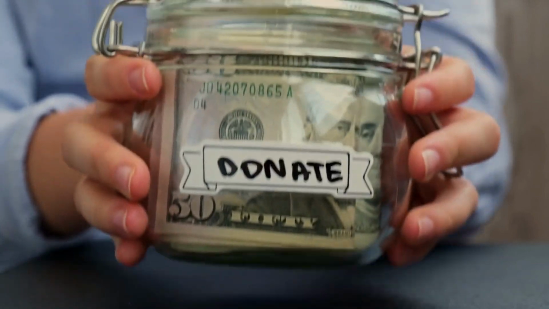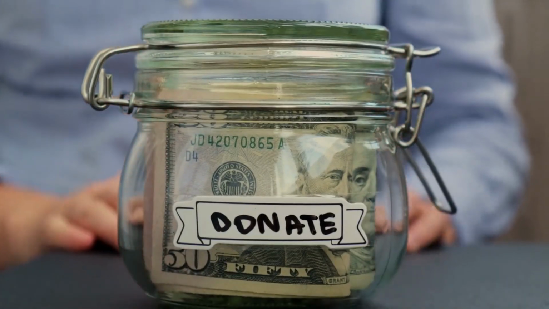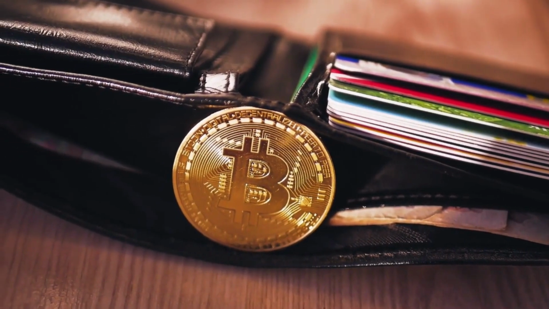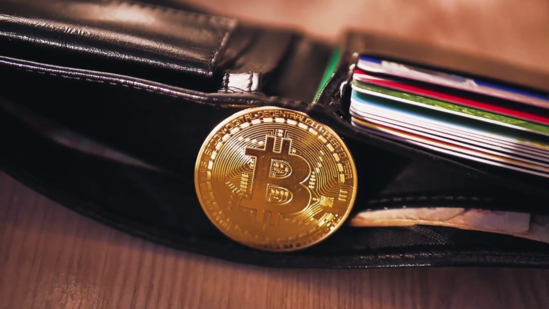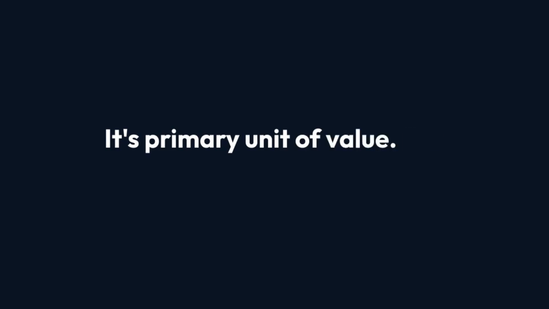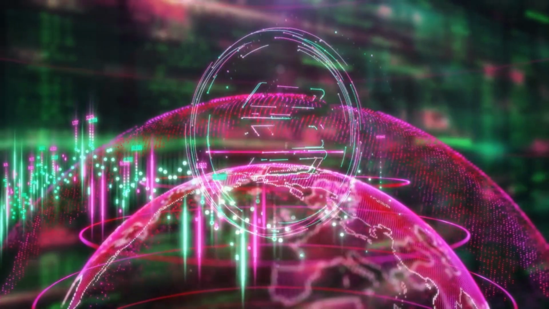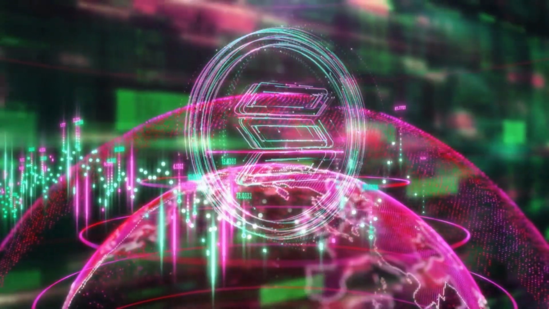Makes sense. So we've got this revolutionary way of keeping records, and cryptocurrency is what we're exchanging on it. But then I hear terms like coins and tokens thrown around. What's the difference? Good question. So every blockchain has its own native coin. It's the primary unit of value. For Solana, that coin is SOL. Think of it like the currency of the Solana ecosystem.